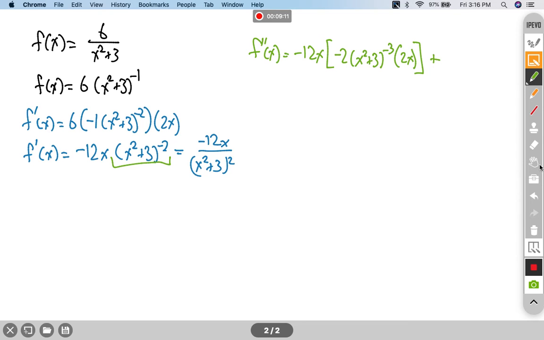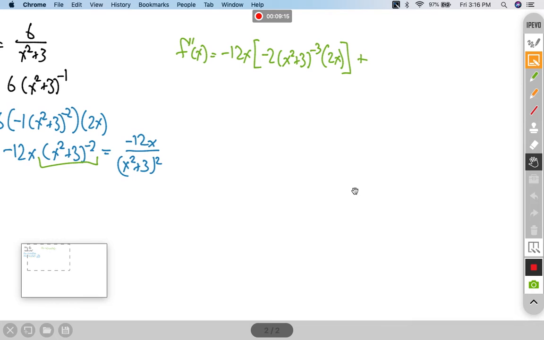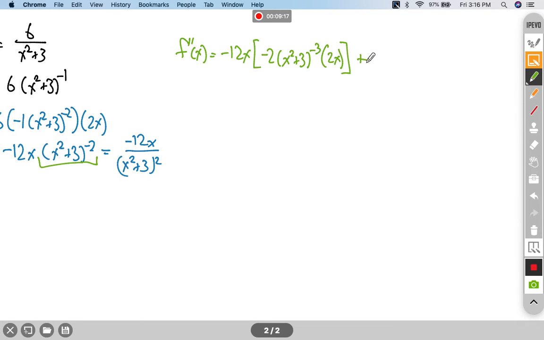And then we add to that, because we're not done yet, the derivative of the first part, which is negative 12, times the second part, (x squared plus 3) to the negative 2. At least I don't have to chain rule that part of it.